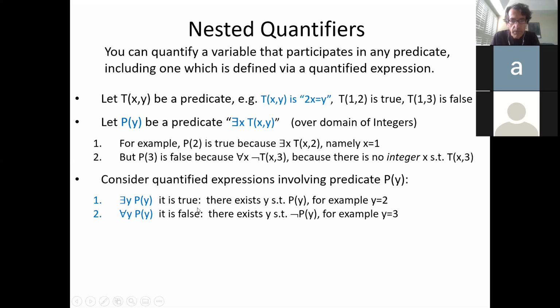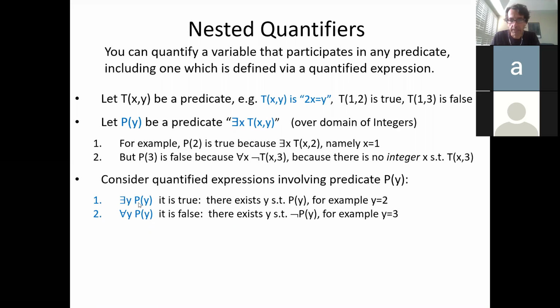Okay. So now look at the quantified expressions involving this predicate. And now we know that this predicate says y is even. So let's look at this. There exists y such that P of y.